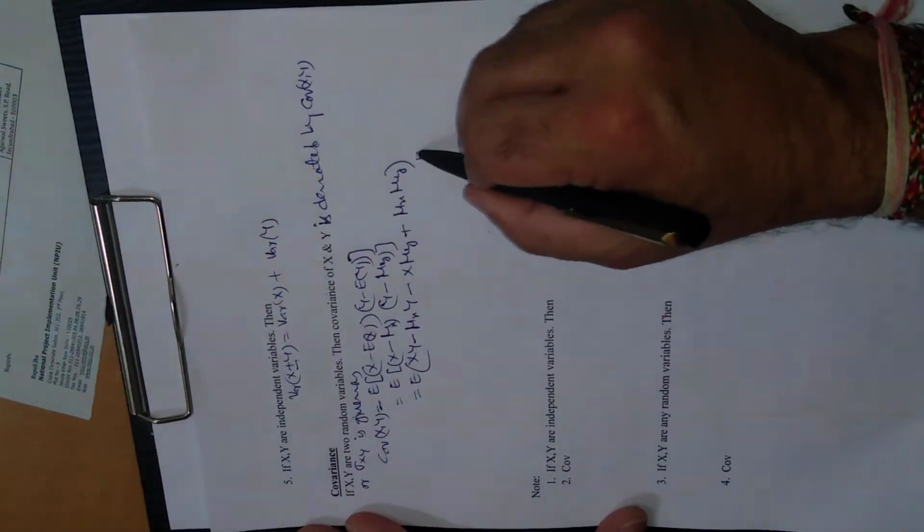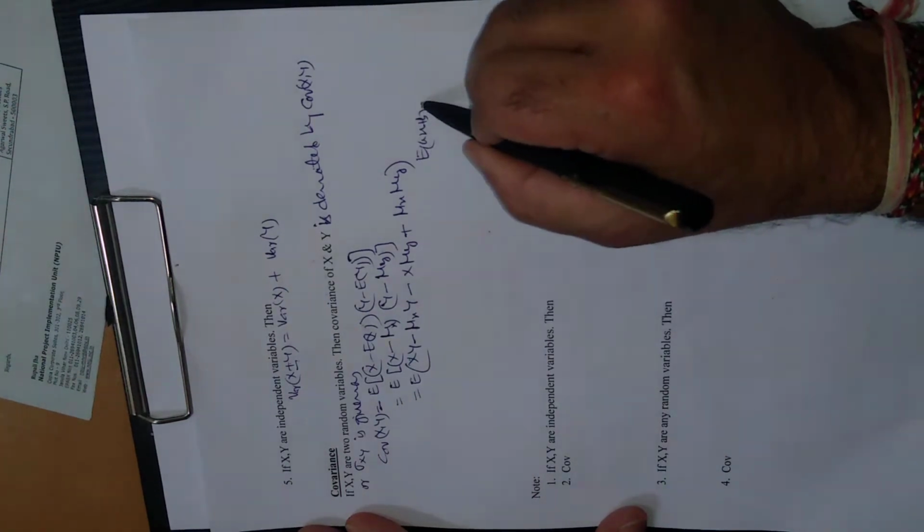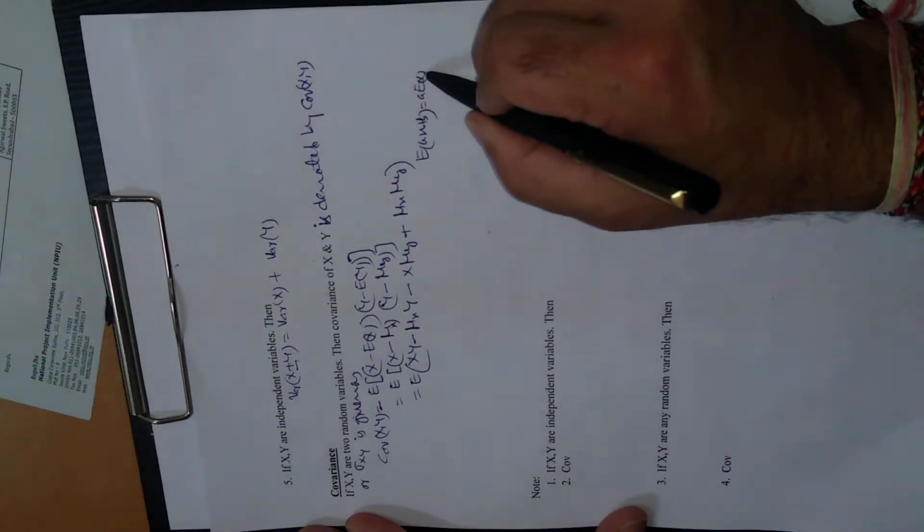Now use the linear property, E of ax plus b is equal to a times E of x plus b.